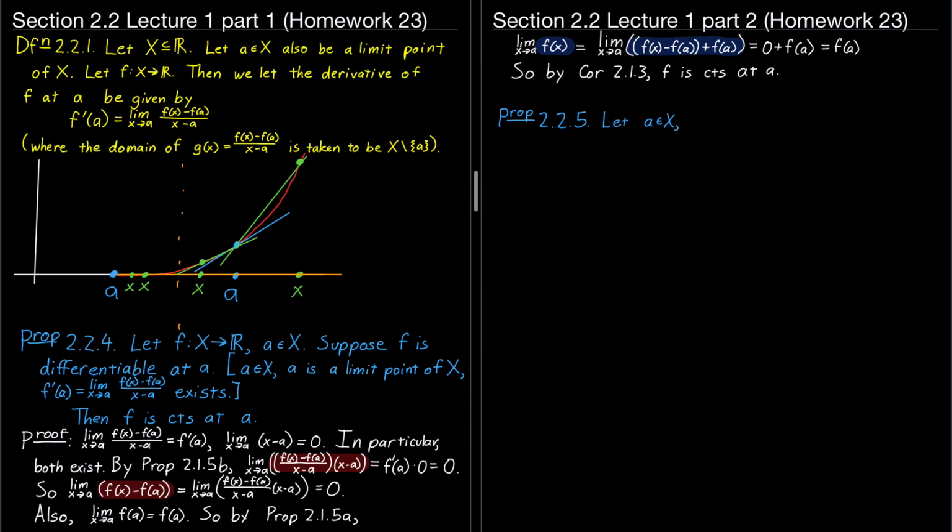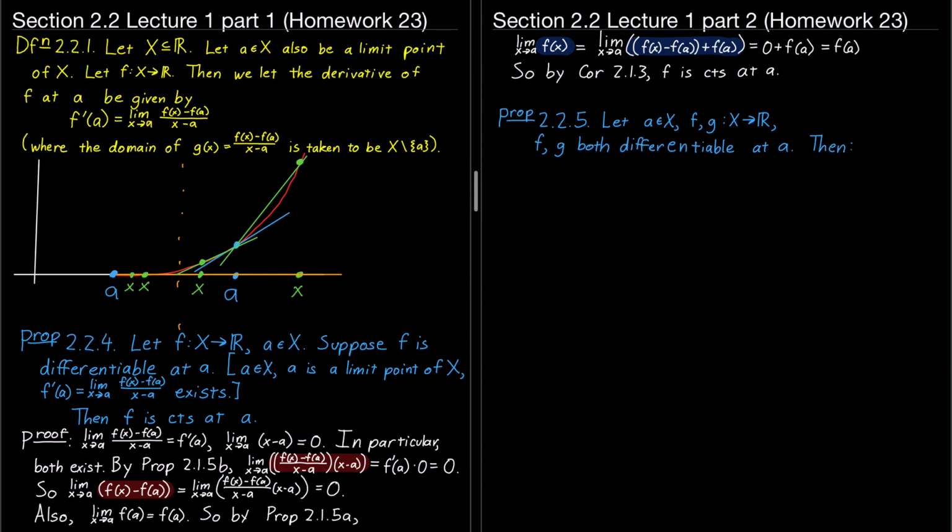Let a be a point in our domain X. F and G are both functions with domain X. And F and G are both differentiable at a, meaning a is a point in X and a limit point and the limit of the difference quotient exists.